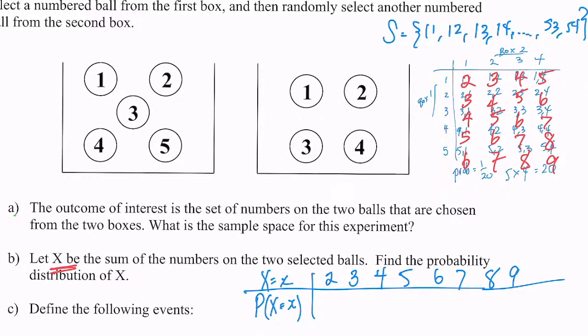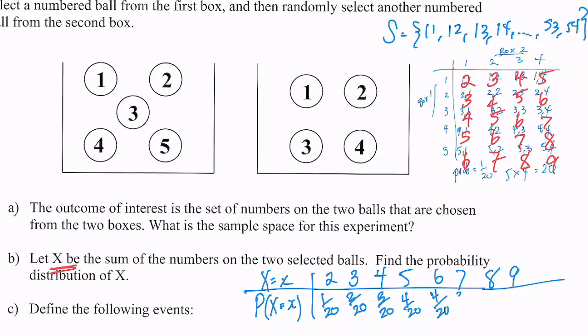Each single outcome has the same probability, 1/20, but even though 2 has a 1 in 20 chance, 3 has a 2 in 20 chance, and 4 has a 3 in 20 chance, and 5 has a 4 in 20 chance, and 6 is the 4 in 20.